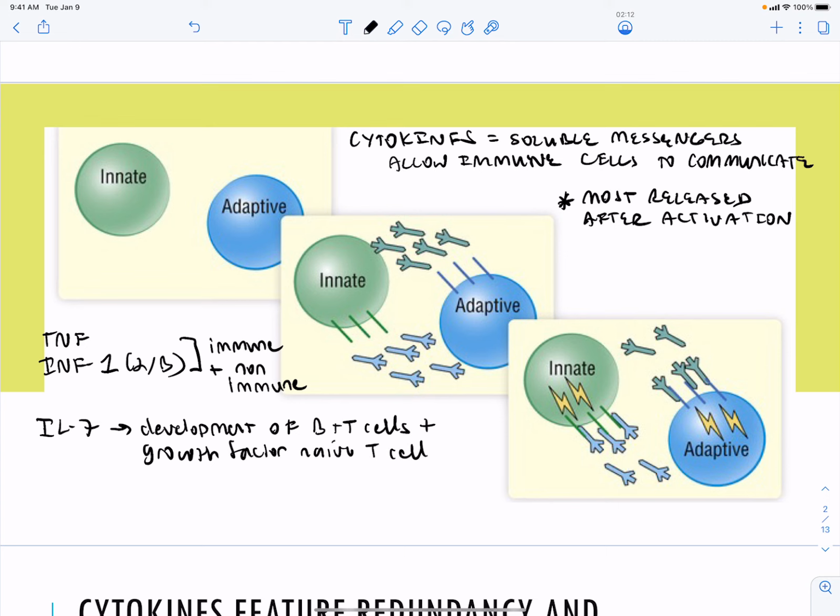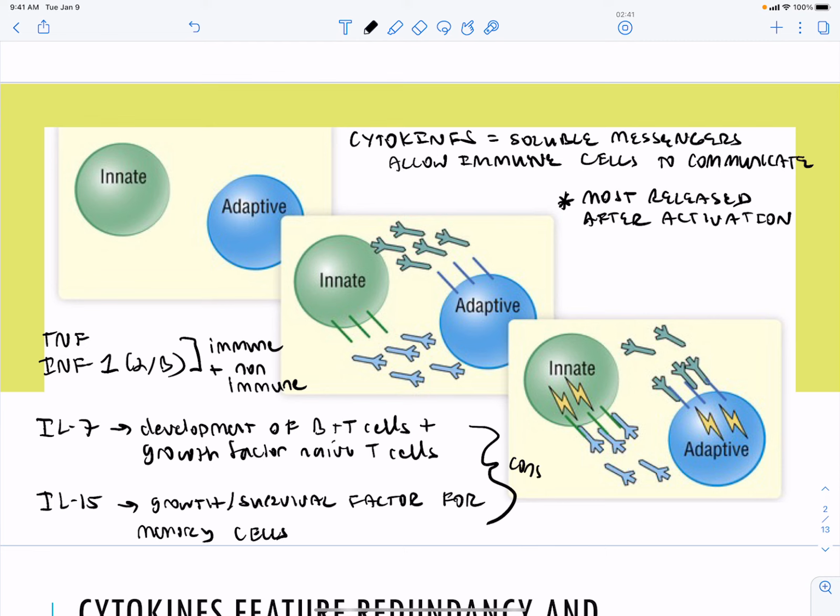So as the naive T cells are circulating for their 30 days, as long as they keep seeing IL-7, they will keep going. And then we also have IL-15, and this is going to be a growth factor for memory cells. And again, these two are going to be more constitutive.